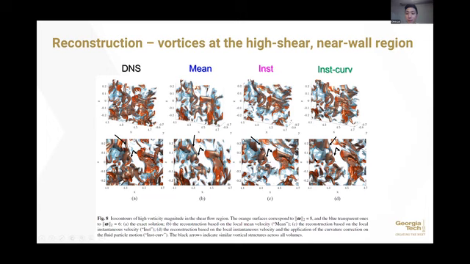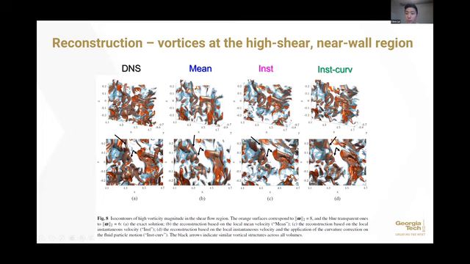There are two variants of our method related to how we treat the path line, but I won't go into detail. If you compare, you will see our method reconstructs the turbulence more accurately than Taylor can. If you look at what Taylor has compared to the DNS, it smooths out the turbulent flow and also moves the structures to an incorrect position.